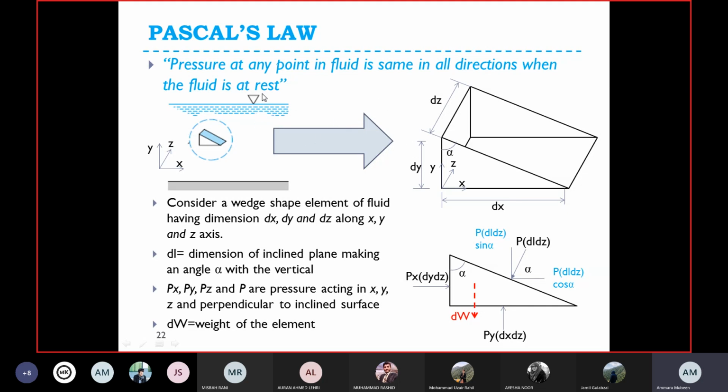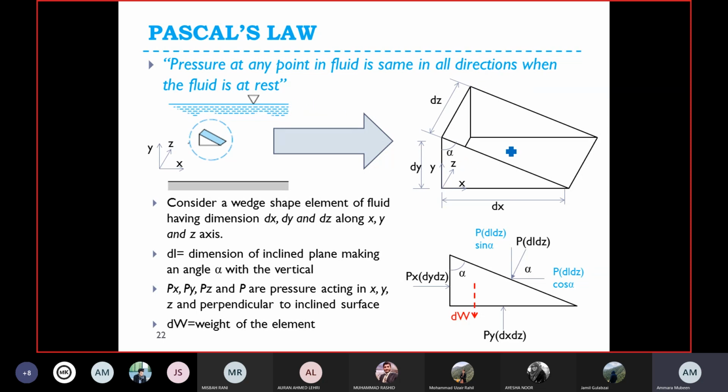Here, the first law of statics has been discussed: pressure at any point in a fluid is the same in all directions when the fluid is at rest. So we are going to derive this law. Let's check its derivation, that is, how can we prove that the pressure at any point in a fluid is the same in all directions when the fluid is at rest.